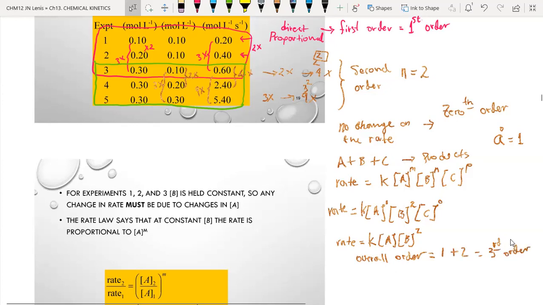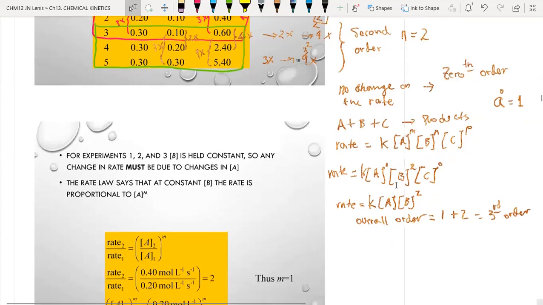Third order doesn't give you a lot of information. It's more important to know what is the order of the reaction with respect to each reactive. Again, the most common are zero order, first order, second order. Very rare is a reaction that goes third order. And that's this next meaning.